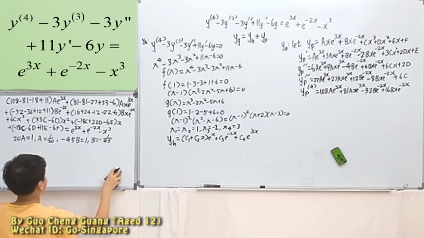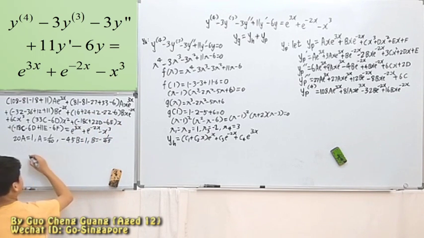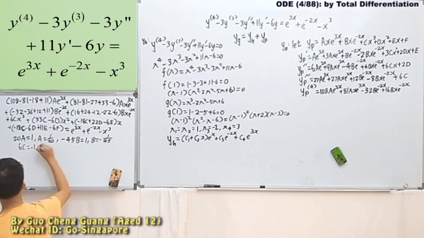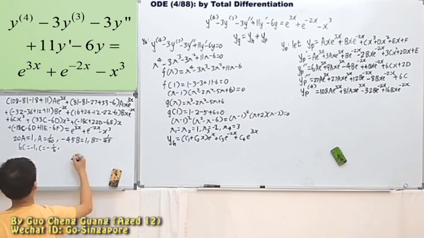Then for this part, they also cancel out. Then 6c here is negative 1. So c is negative 1 over 6. That is here.